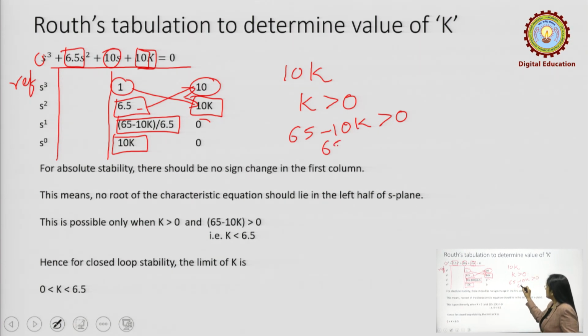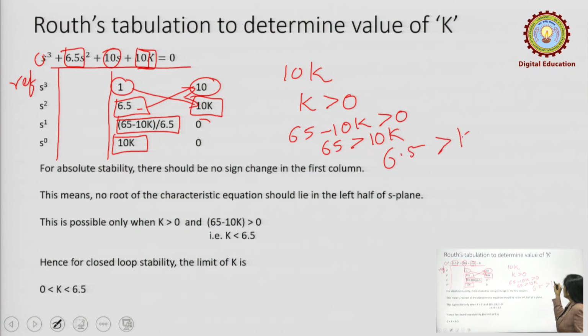So, 65 should be greater than 10 k. It means that k should be less than 6.5.